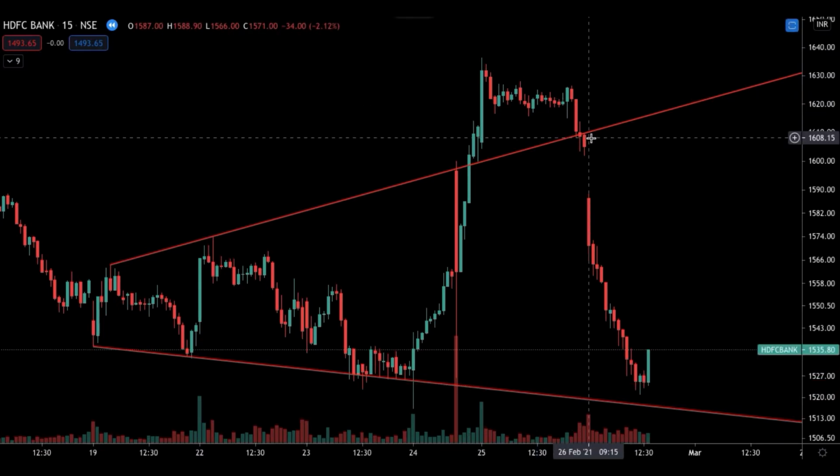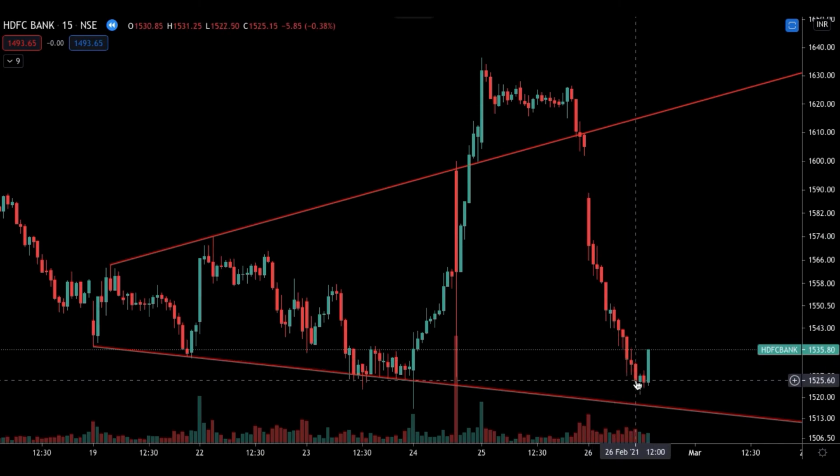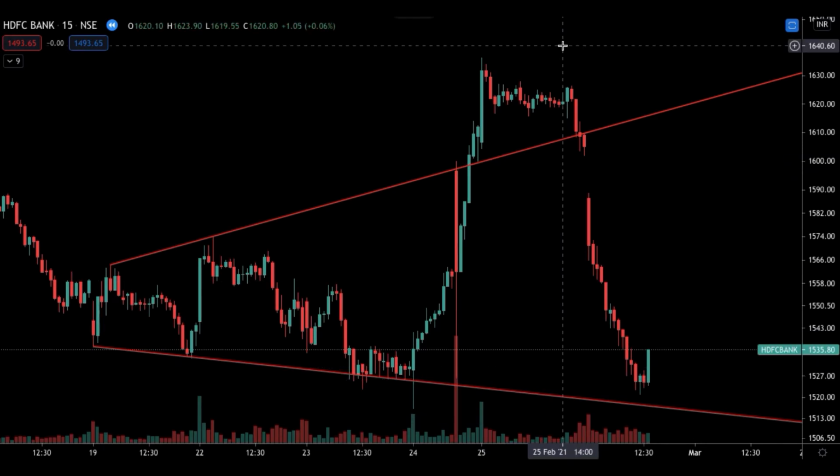So instead of avoiding a 5 rupees loss, you would have booked a 75 or 85 rupees loss. That's why don't be afraid to book a loss. Never be afraid to book a loss.